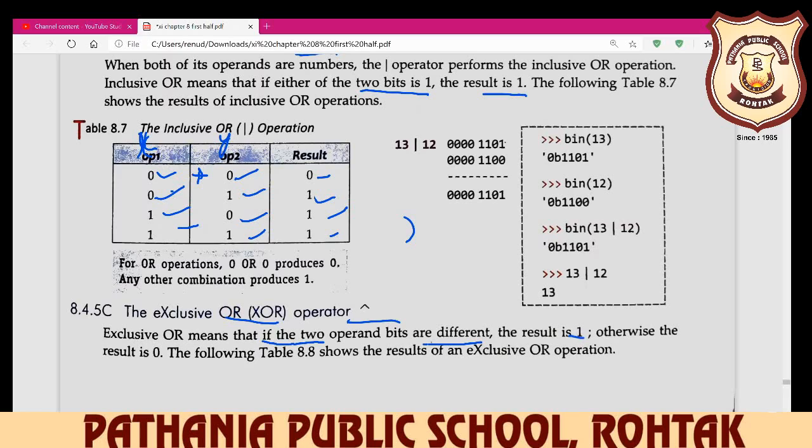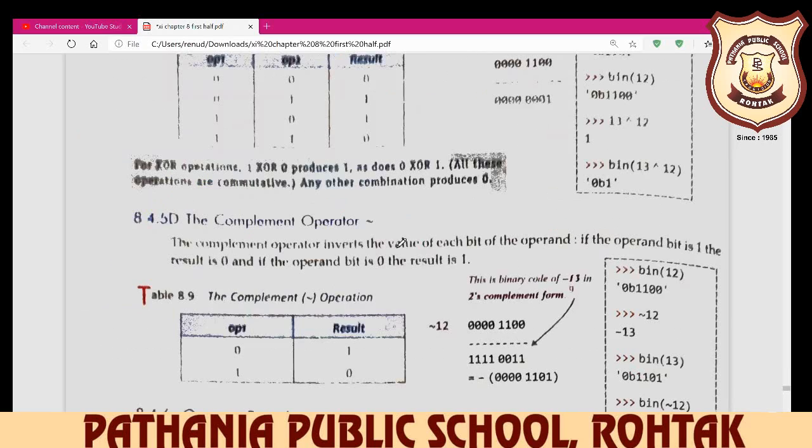How? You see here. 0 0 is even, so you get 0, but 0 1 is odd, so you get 1, again odd, again 1, but 1 1 is even, then you get 0. If your value is even, you get the 0 answer. If your value is odd, you get the 1 answer.